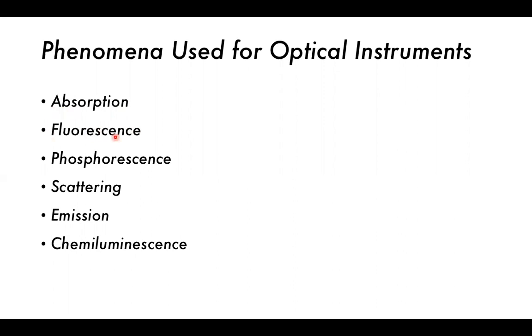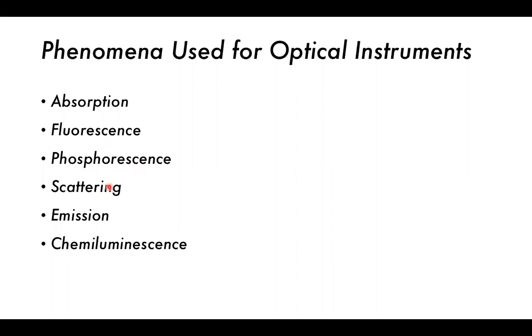Fluorescence is whenever we have emission of light from a compound after it has been excited to that excited state. That's where it's different from emission. Emission is spontaneous, whereas fluorescence is after some sort of absorption event has occurred. Phosphorescence is similar to fluorescence, just on a longer time scale.